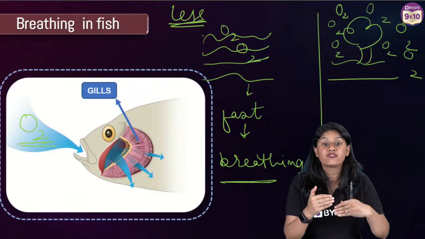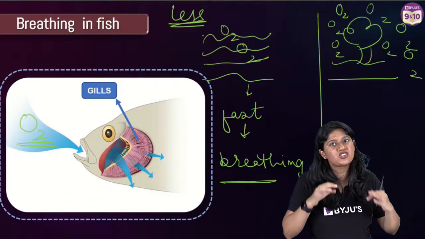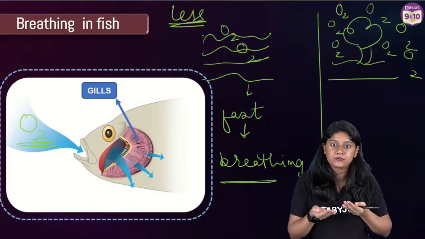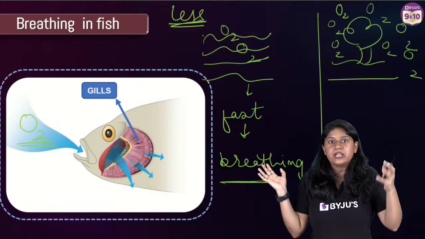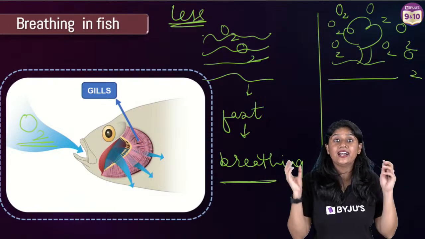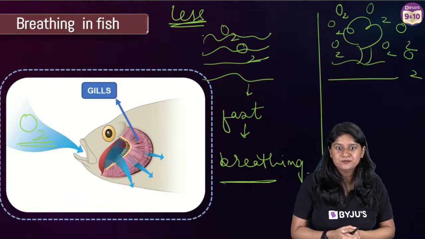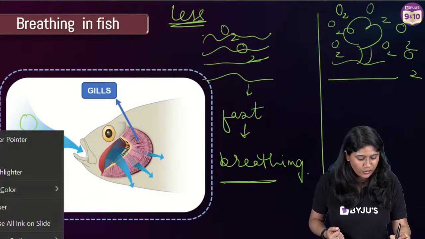Their breathing rate is fast because they have to take the oxygen very quickly, which is less present already. So the question is clear: why is the breathing rate of aquatic animals more than that of land animals? See, this is how we learn. Such an easy thing. And now you have mastered this topic.